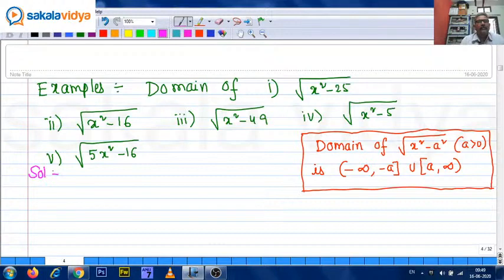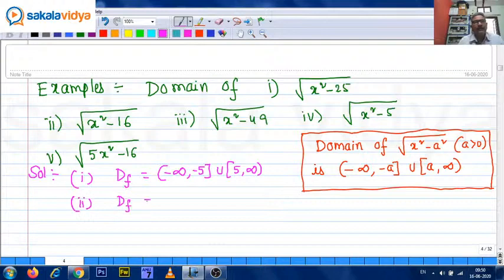Solutions. First one is actually, you can write like this, x square minus 25 means critical points are minus 5 comma 5. Am I correct now? Critical points for first one. So that is domain of f. Df equals minus infinity to minus 5 union 5 to infinity. Second, domain of f.